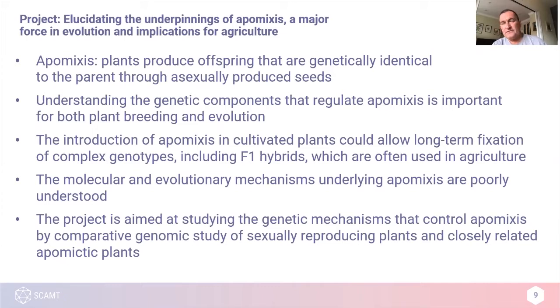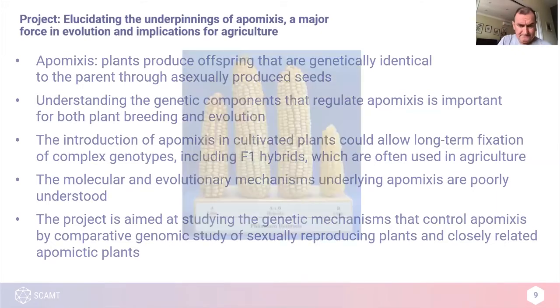It's very important for evolution and for fixing genetic traits in agriculture. Unfortunately, the molecular mechanism is not very well understood so far. We try to understand components that regulate apomixis, and also their role in breeding and evolution. We also use this for molecular and evolutionary study of mechanisms that control apomixis by comparative genomic study. So we try to find genes and gene loci involved in switching between sexual and apomictic reproduction.